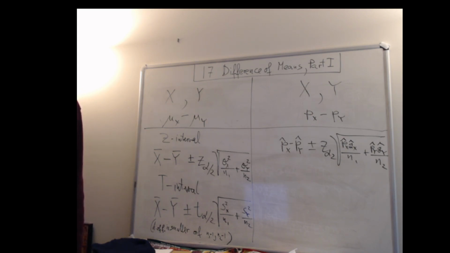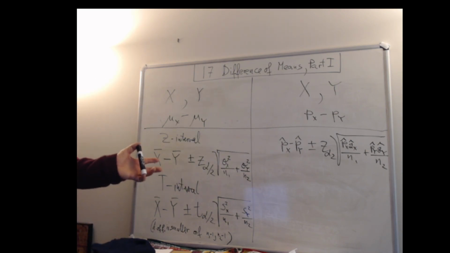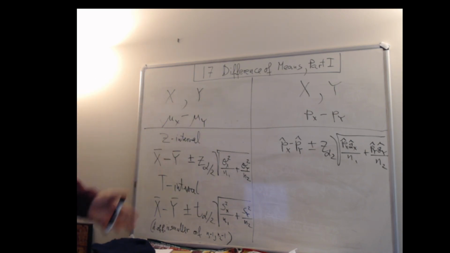Okay, now next time we meet, we're going to be talking about how you test the difference of two means. Because there could be a claim that the difference of two means is bigger or smaller or equal to something.